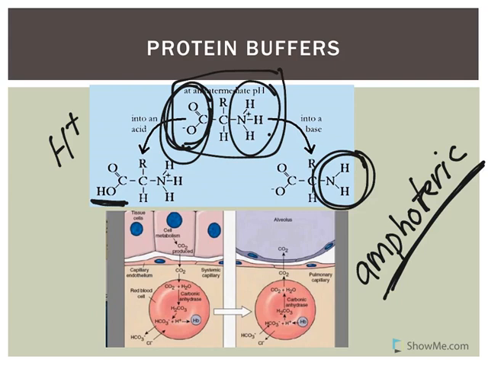It is found in our red blood cells, and you can see a little bit of the picture here of hemoglobin. The globin chains in hemoglobin have histidine residues, and the histidines can combine with hydrogen ions and help prevent drastic changes in pH. So hemoglobin is an example of a protein buffer system, but it's specific for red blood cells.